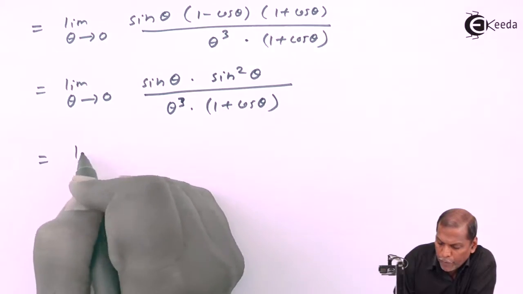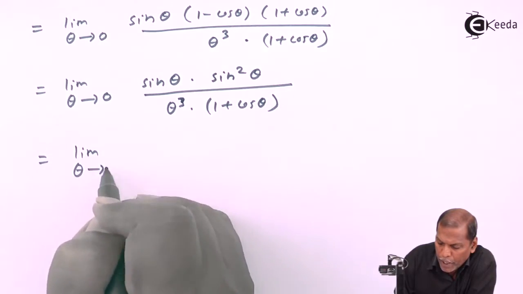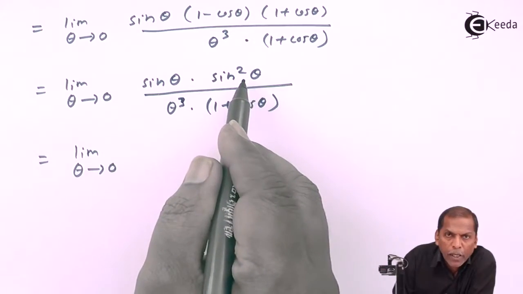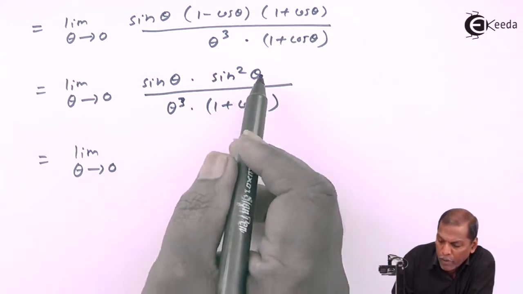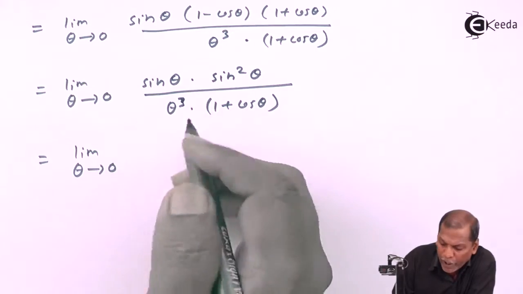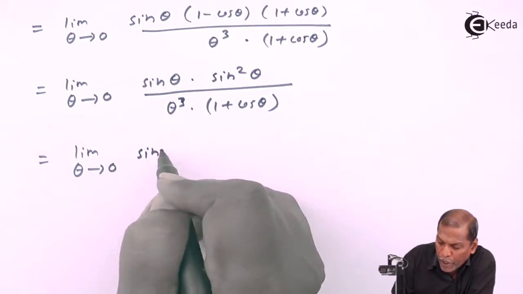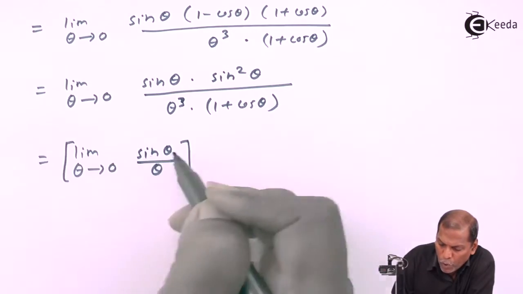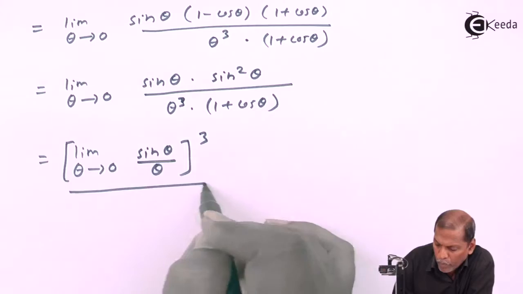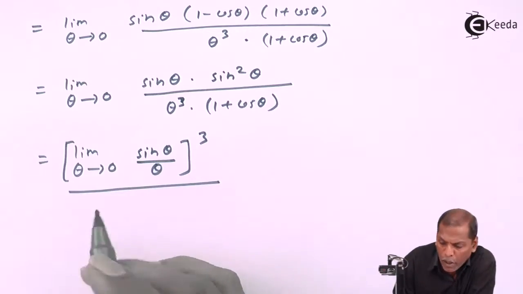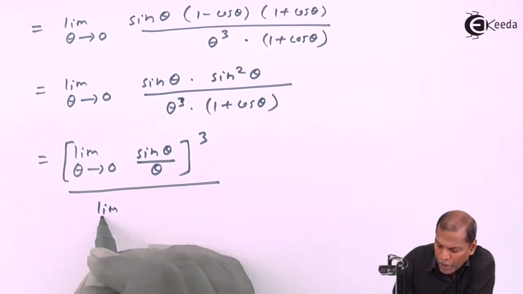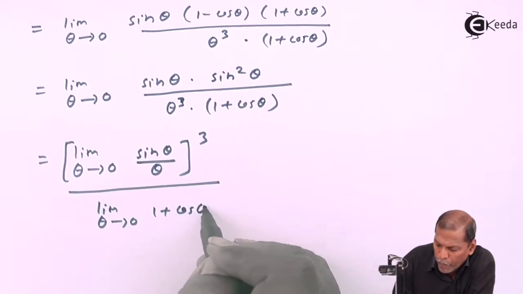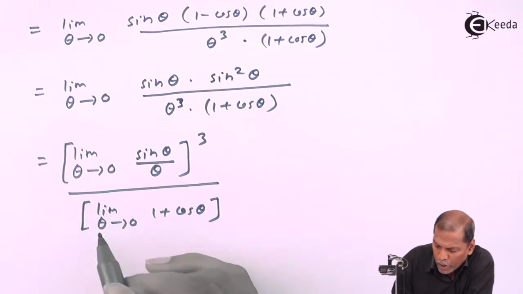So therefore the next step will be limit theta tends to 0 sine theta into sine square theta, so that gives sine cube theta, and upon theta cube we take together can be written as sine theta upon theta whole bracket cube in the numerator upon limit theta tends to 0 the term 1 plus cos theta in the denominator.